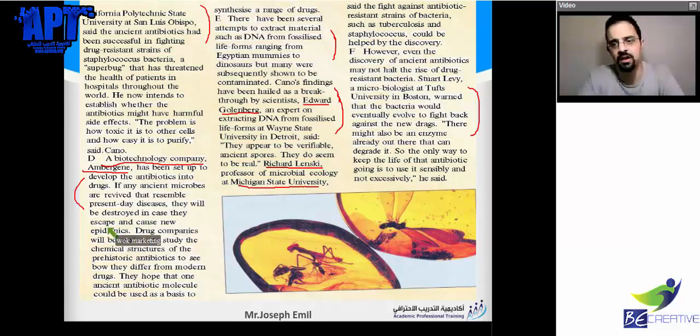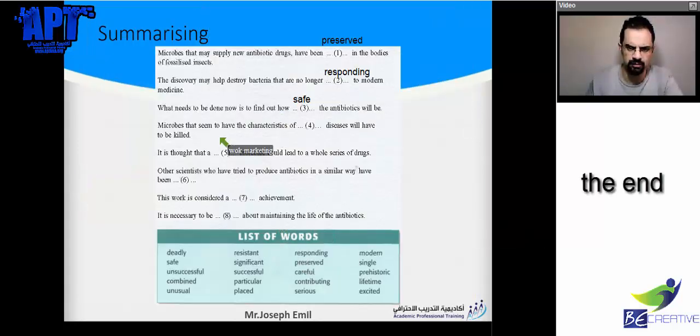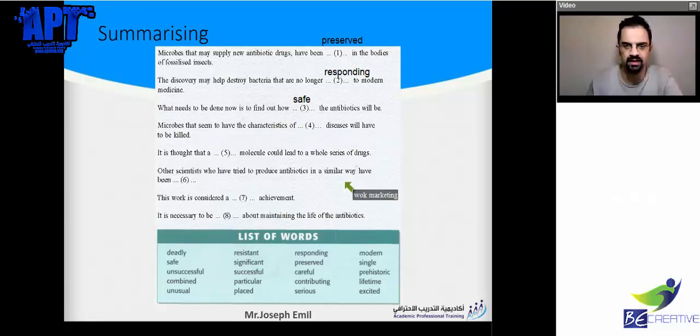So if there are viruses in the insects and they escape, they might cause an epidemic. An epidemic is when hundreds of thousands of people are infected and you cannot control the disease. They talk about the Ebola epidemic or the Black Death epidemic in medieval times. But regardless of that, they have to be destroyed, killed. So microbes that seem to have the characteristics will have to be killed. The characteristics of what?